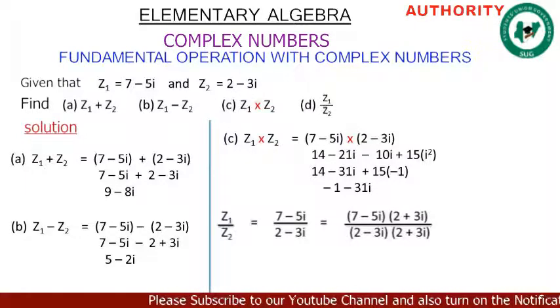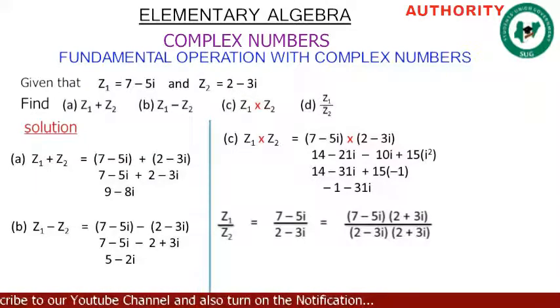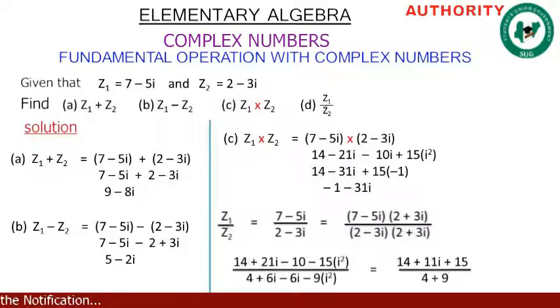So 2 plus 3i is the conjugate of the denominator, all over 2 minus 3i multiplied by 2 plus 3i. So the conjugate of the denominator is what? 2 plus 3i. We multiply both the numerator and the what? The denominator.